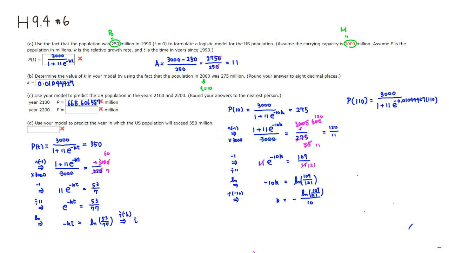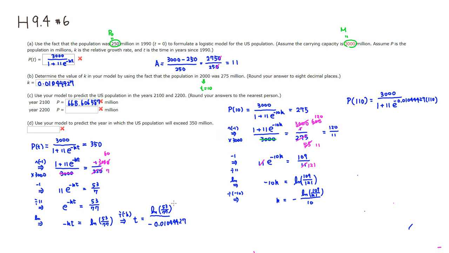So t is equal to natural log of 53 over 77 divided by negative k, which was 0.0104427.